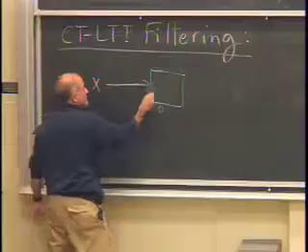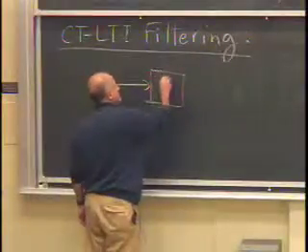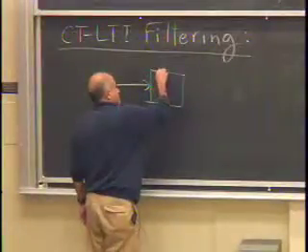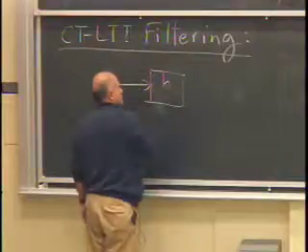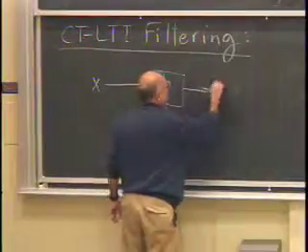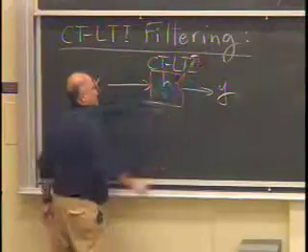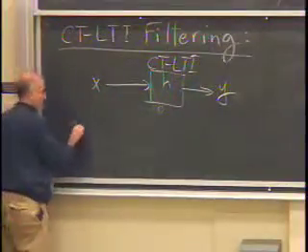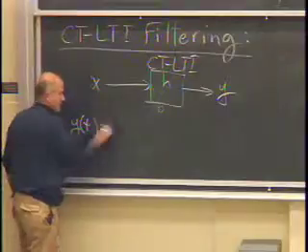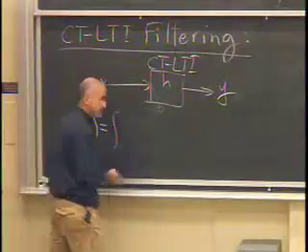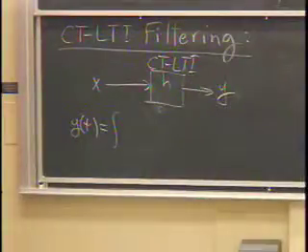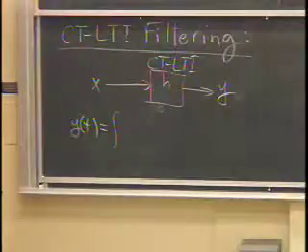I have a continuous time LTI filter. It's got an impulse response and an output. The output I know is the convolution of the impulse response and the input.